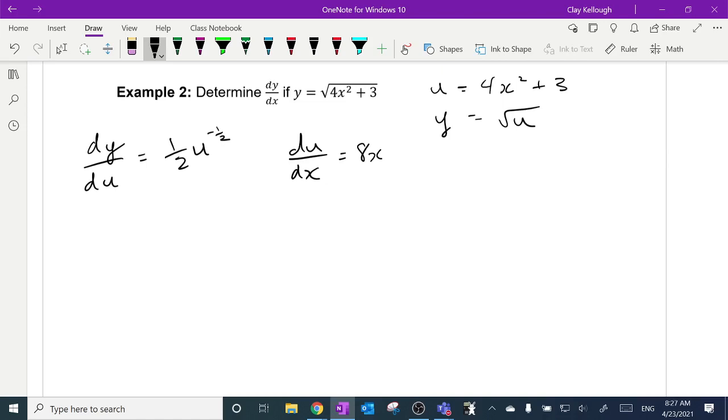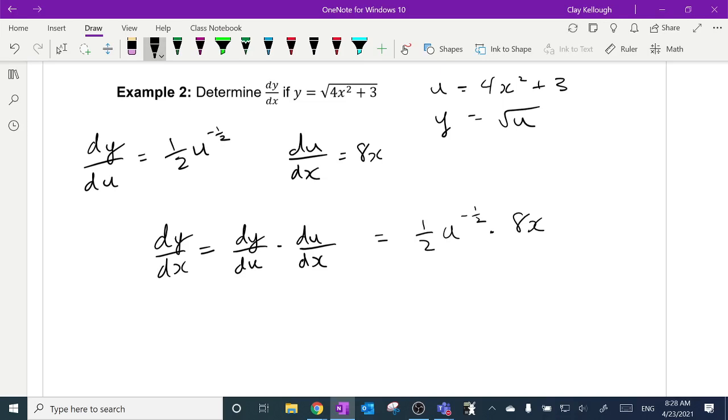So the derivative of this entire thing, using the Leibniz method, I'll write the formula again, is dy by du times du by dx. So what's dy by du? It's 1/2, actually I won't substitute it in yet, u to the negative 1/2 times du by dx, which is 8x. And what's nice about this method is before I plug back in what u is and get rid of this extra variable, I might notice some simplifications a little easier.